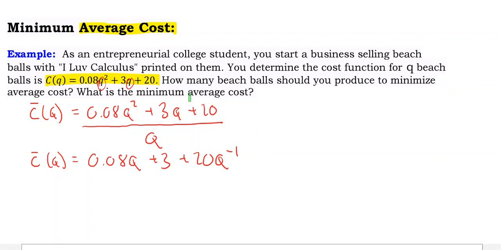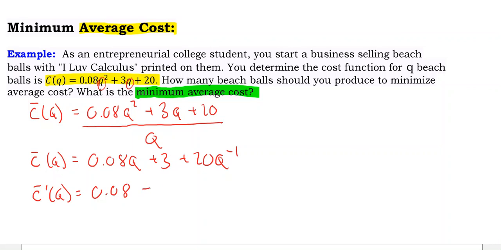Now, in order to find the minimum average cost, this is when we need to use some calculus. So we're going to find the derivative of this. Finding the derivative, C bar prime of Q, we'll have 0.08. The derivative of 3 is 0.